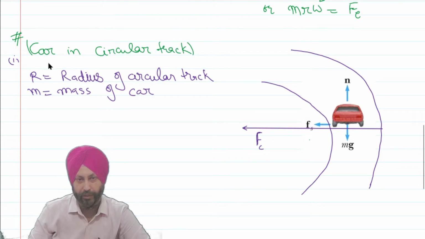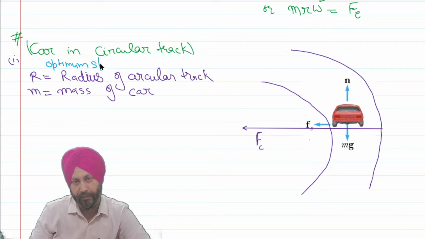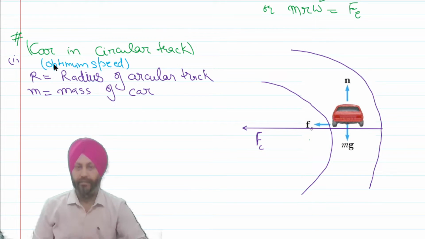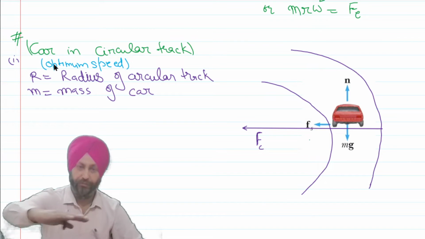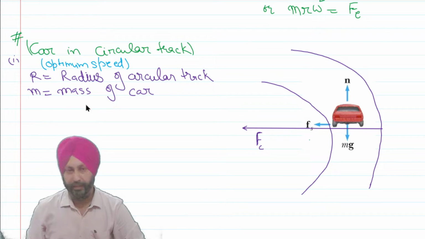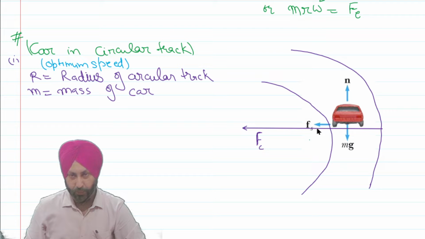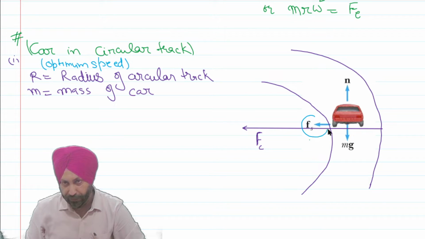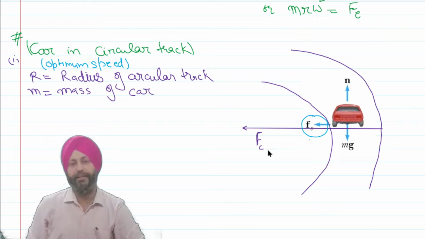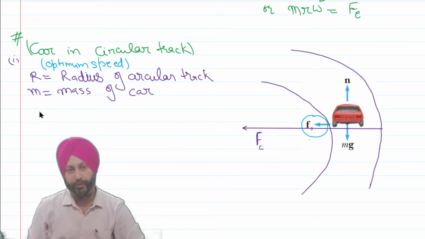We will talk about optimum speed. Optimum speed is the maximum speed, the speed that is safe to take the circular turn. So what will we do? See, in this case the friction force is the source of centripetal force. Who is providing this centripetal force?